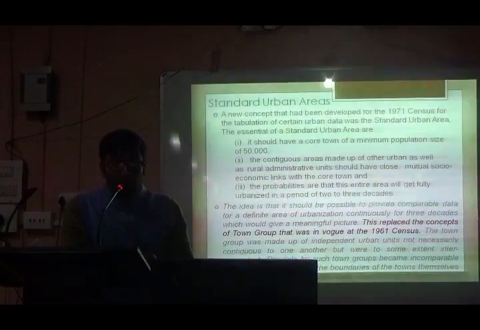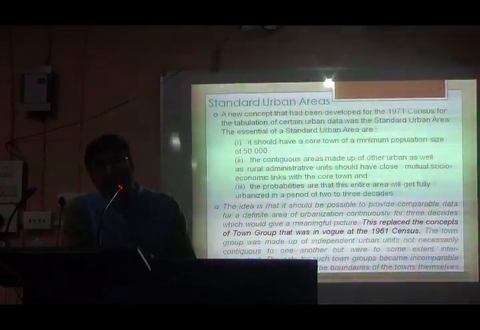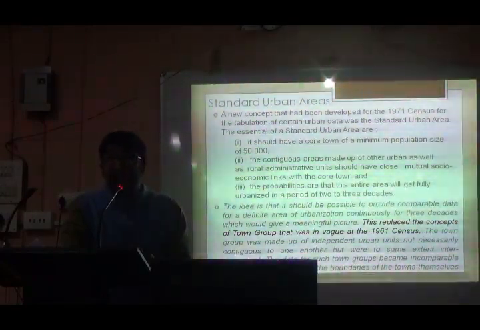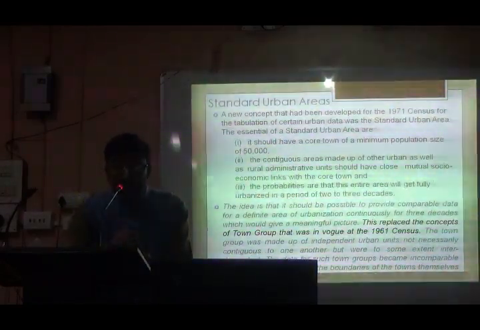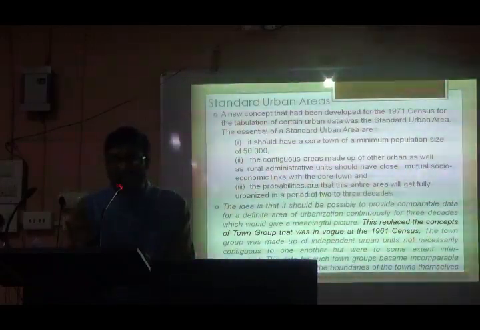Let's see the essential characteristic features of the standard urban area. It should have a core town with a minimum population size of 50,000. That is the change.